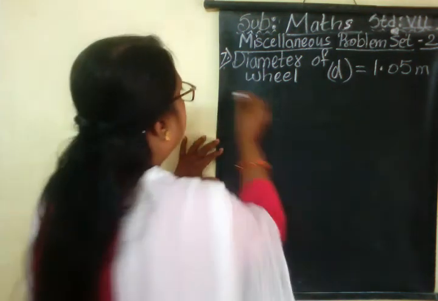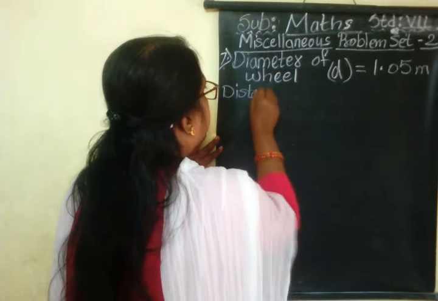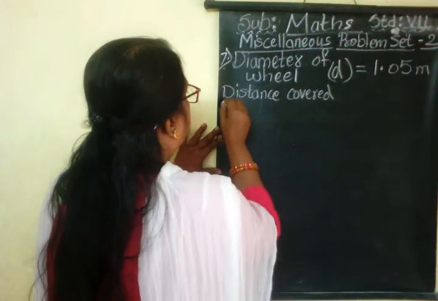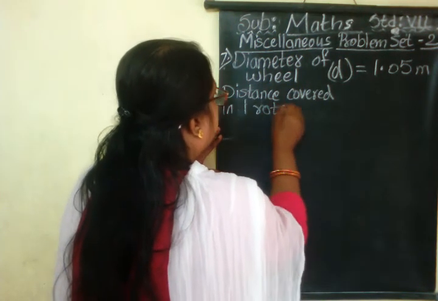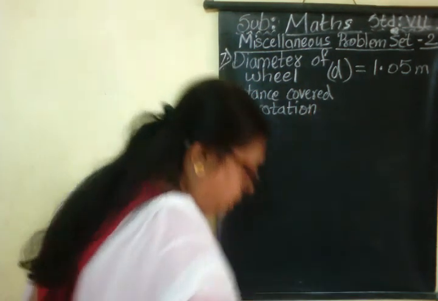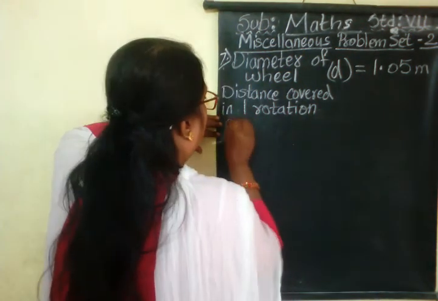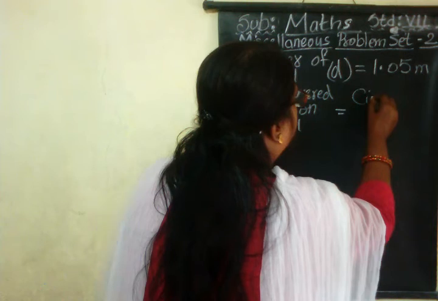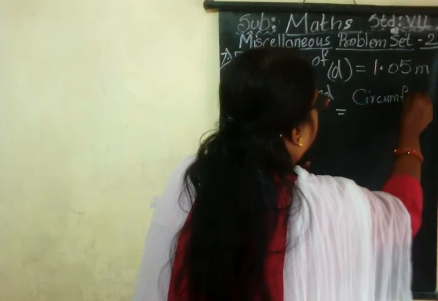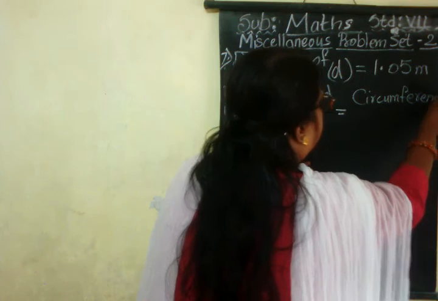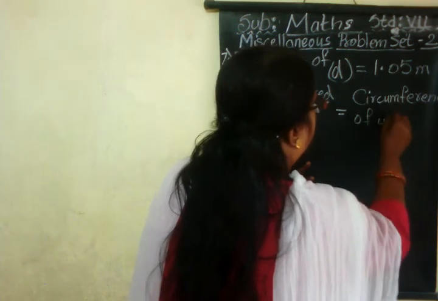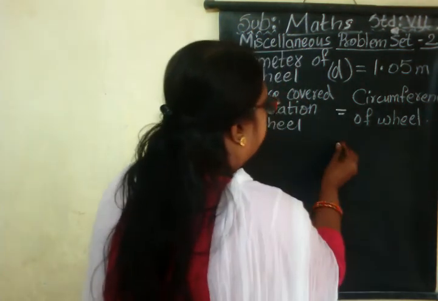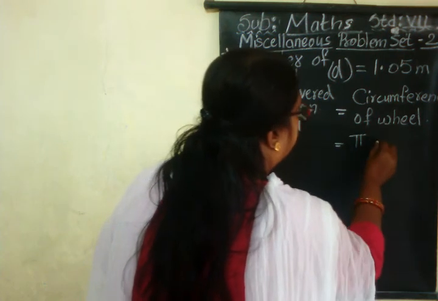Then distance covered in one rotation of wheel is equal to circumference of wheel, which equals pi d.